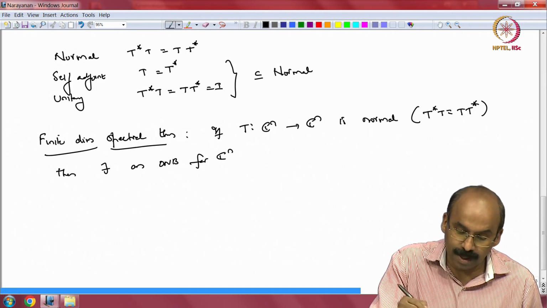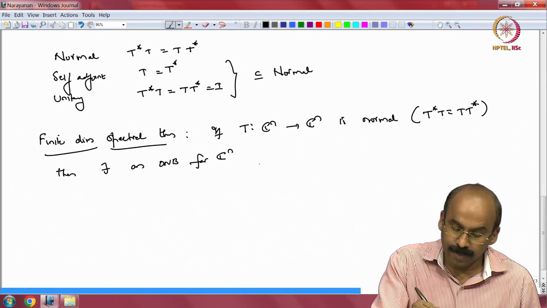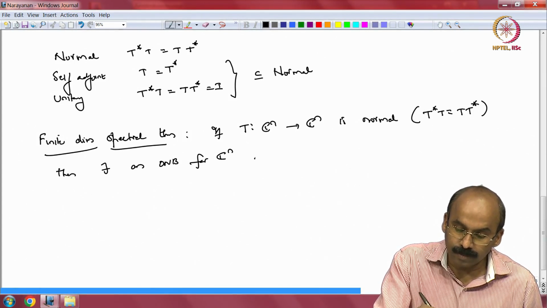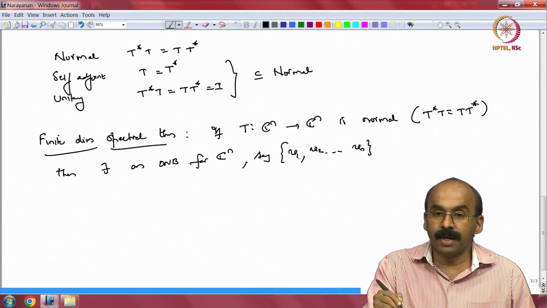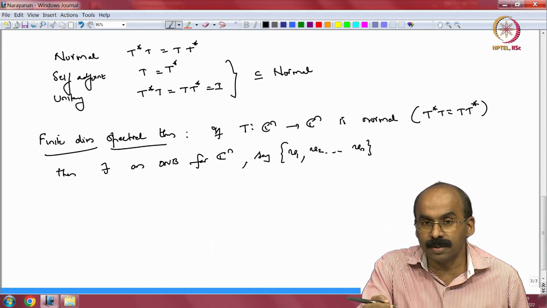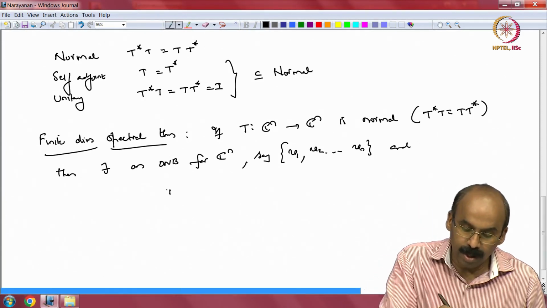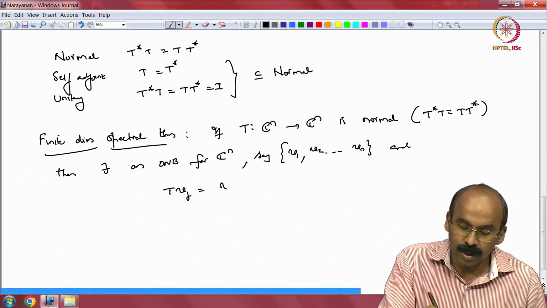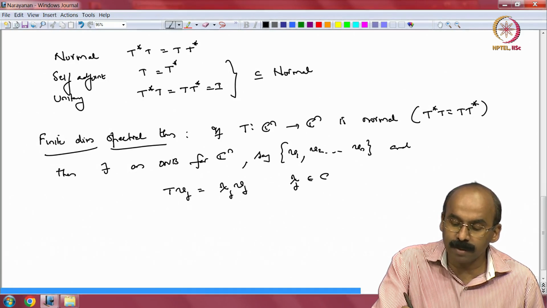That is the same as saying there exists an orthonormal basis for Cn, let us say V1, V2, etc., Vn, right, you need n of them because you have dimension n, and T acts on V1, V2, Vn simply by scalars, right, T of Vj equal to lambda j Vj, where lambda j are some complex numbers.